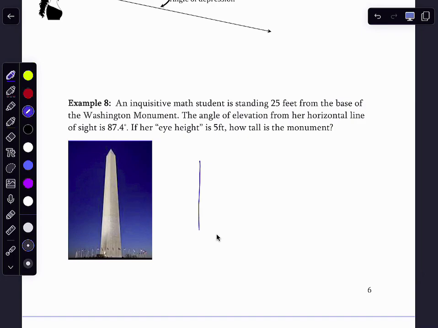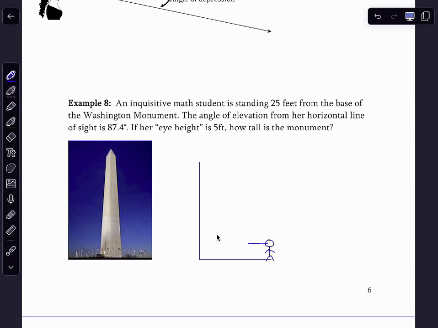So draw a line that represents the Washington Monument. Draw this girl, and then draw a line connecting them. So I want you to draw another line from where her eyes are.